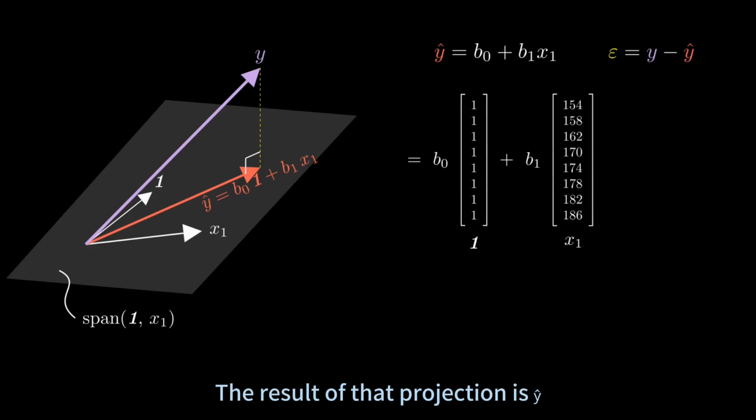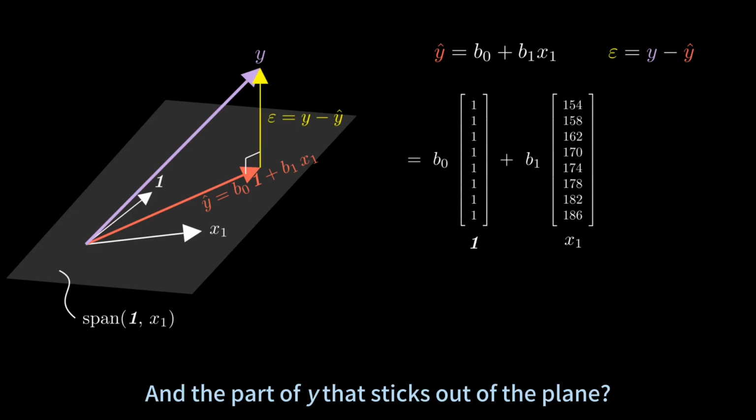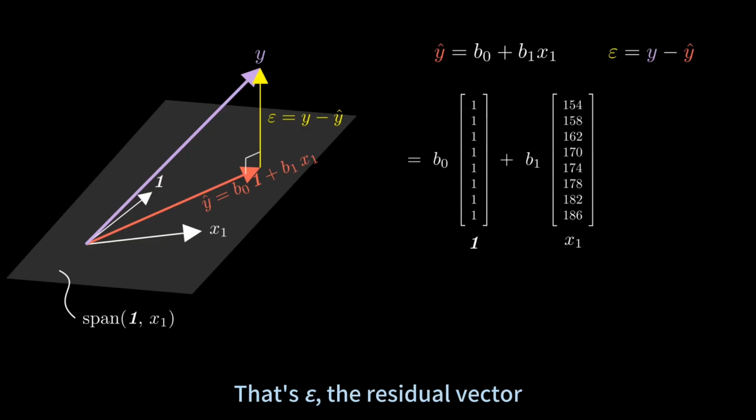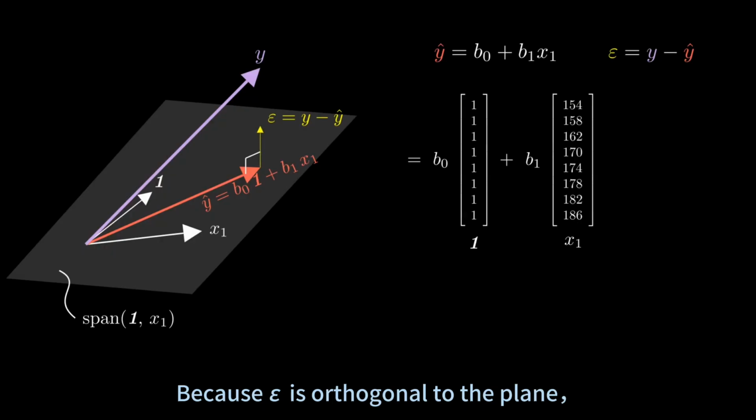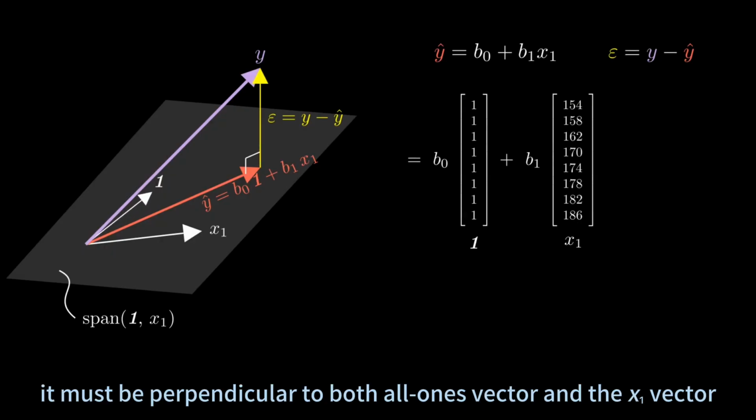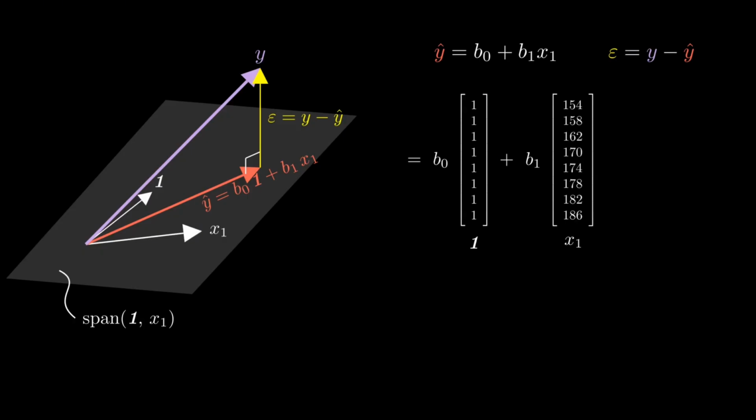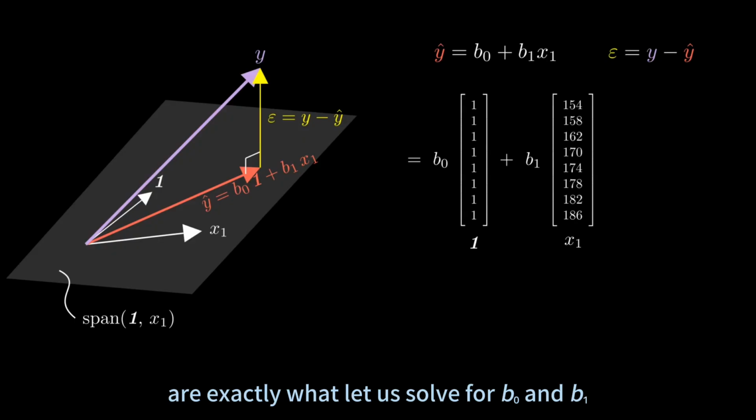The result of that projection is y-hat. And the part of y that sticks out of the plane, that is epsilon, the residual vector. Because epsilon is orthogonal to the plane, it must be perpendicular to both the all 1's vector and x1 vector. These two perpendicular conditions are exactly what led us to solve for B0 and B1.